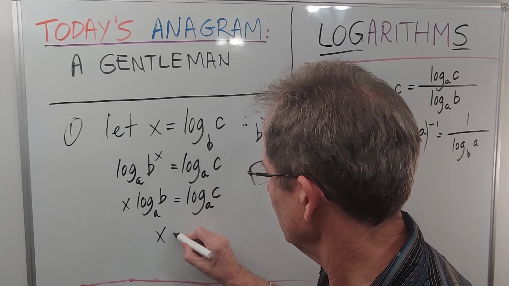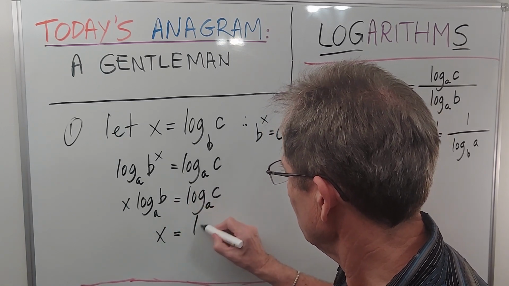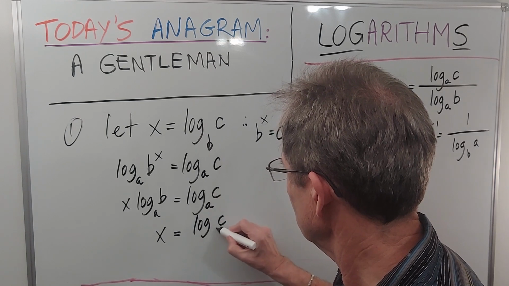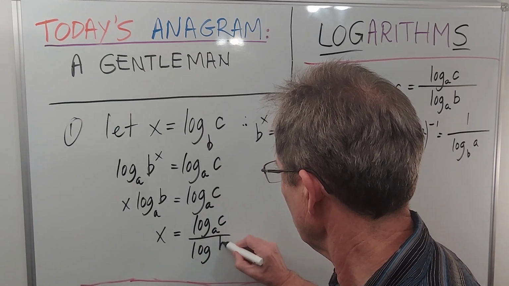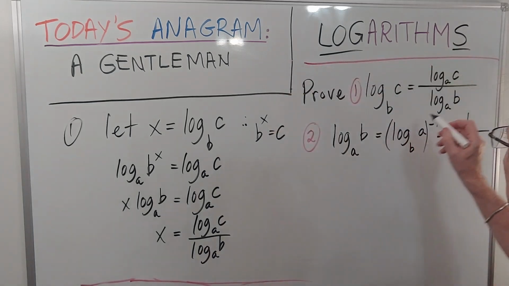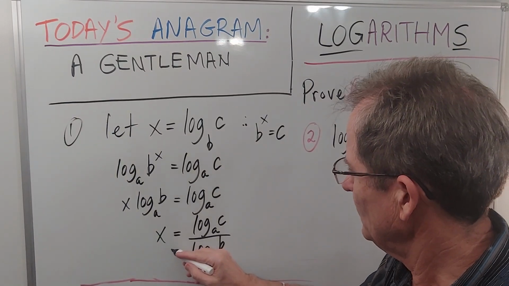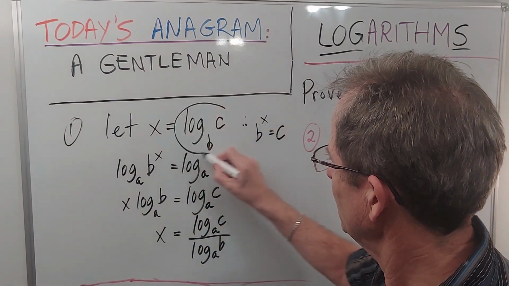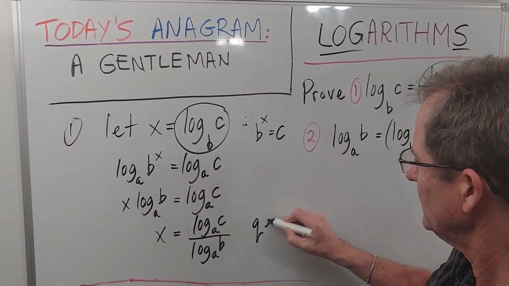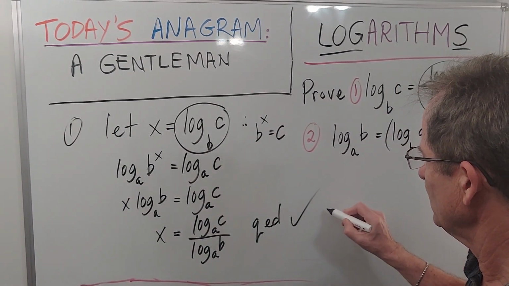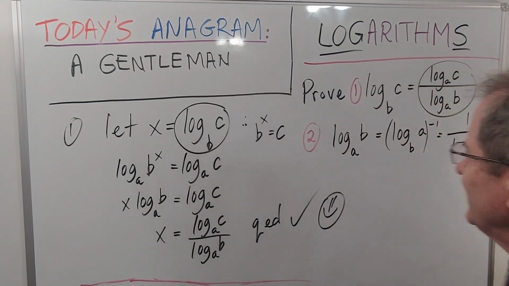So x is equal to this log divided by that log, which is the right-hand side. And what was x? Well, x is up here, so that's the left-hand side. So we've proven it. QED, big fat check mark, or better yet, smiley face.